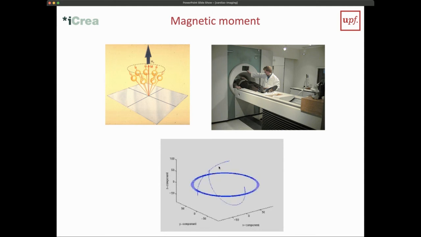We alter the stable position of the protons in the magnetic field by adding radio frequency waves, and then we look at how this comes back to its original state, and what's happening in between.